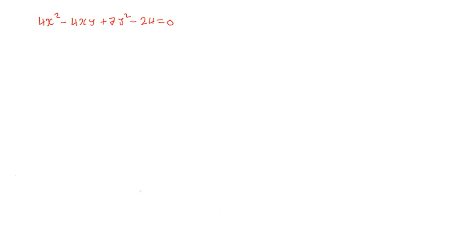Here's how we use the discriminant test. It's written as b squared minus 4ac. Take note that it's just the parabola, the ellipse, and the hyperbola that you rotate.